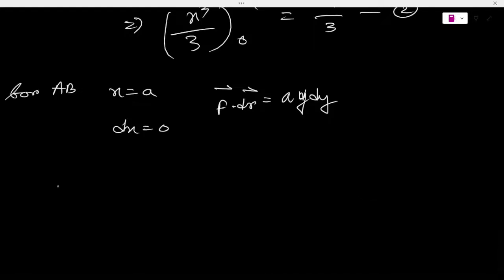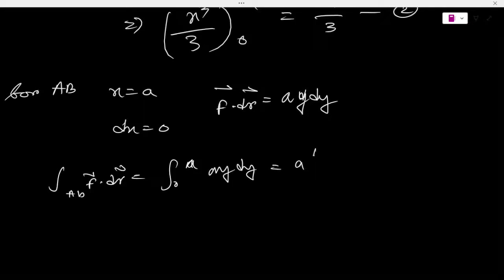So the integration of AB f dot dr is equal to the integration from 0 to a of a y dy, which is a into y square by 2, from 0 to a, so a cube by 2.